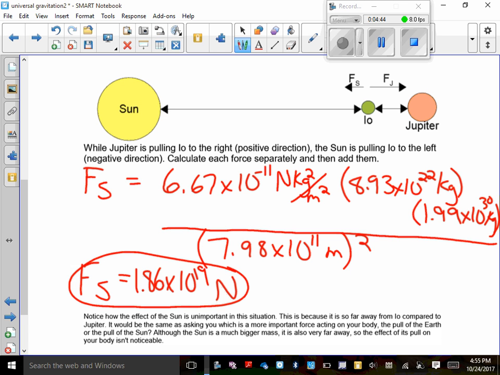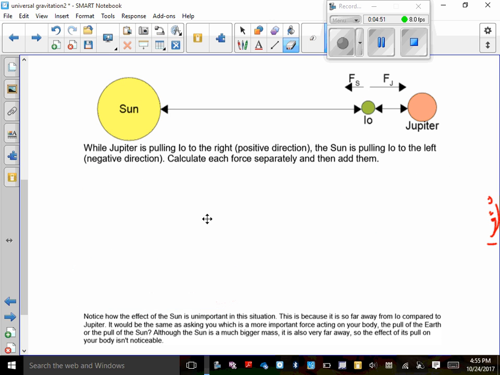Now we're going to have to add those forces together. Just like we did in unit 1, F net is equal to the force of Saturn plus the force of Jupiter. Okay, well, let's say force of Jupiter is positive and force of Saturn is negative.